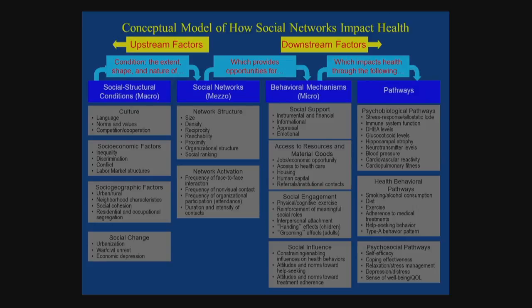You might drink more alcohol. Your diet might be either very good or very bad. Networks can promote exercise or treatment adherence. And then there are a lot of psychological pathways, including ones that make you feel self-efficacious or cope well with disease. So this is an overall conceptual model of how social networks might influence health.